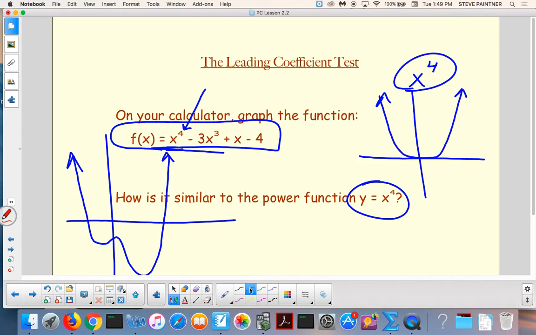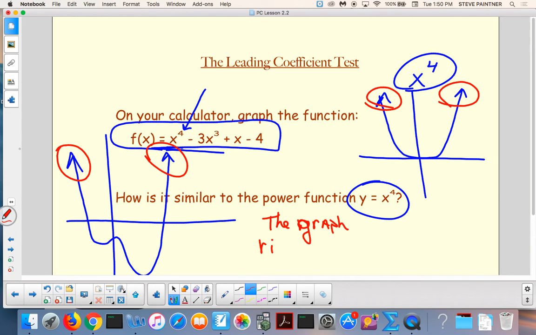So, what's similar? Hey guys, you notice this? Up, up, up, up, right? So, how are they similar? Well, let's just say this, the graph rises where?